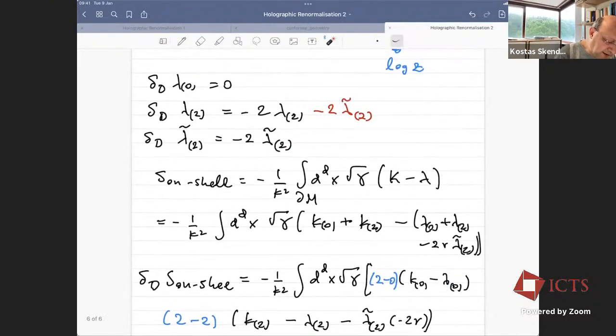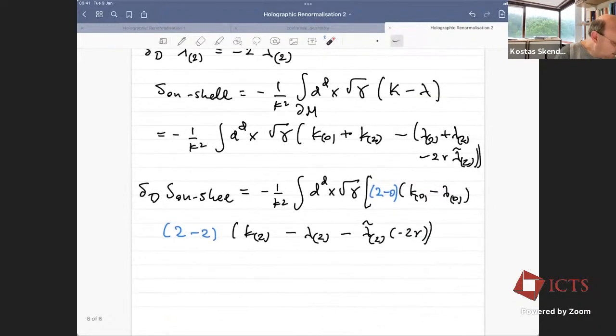And finally, we have this anomalous contribution. Now you can see these terms of 0.